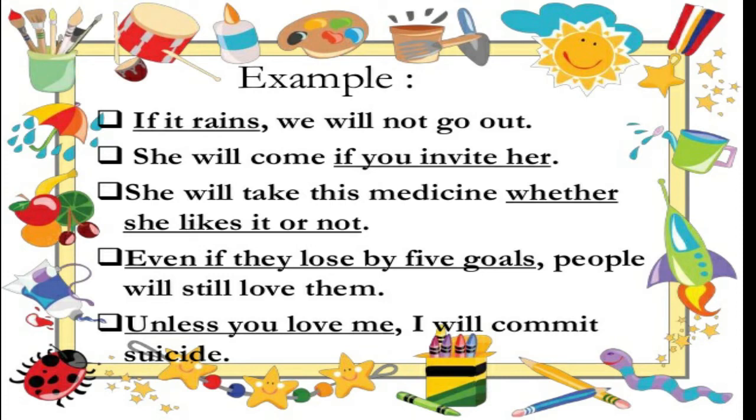Fine. Now, she will take this medicine whether she likes it or not. Okay, "she will take this medicine" is a main clause. Whether she likes it or not, she will take the medicine because she has to. Okay, next one, even if they lose by 5 goals, people will still love them.